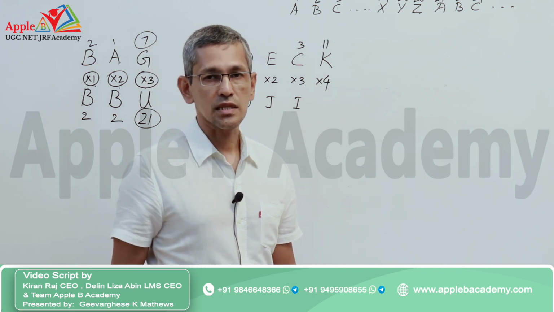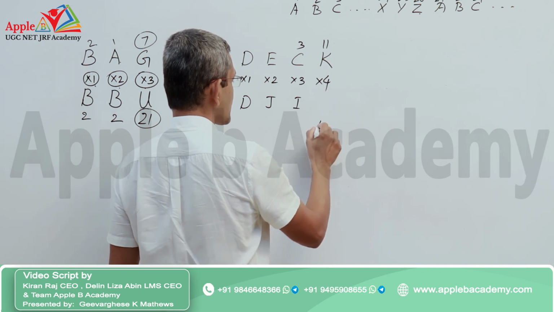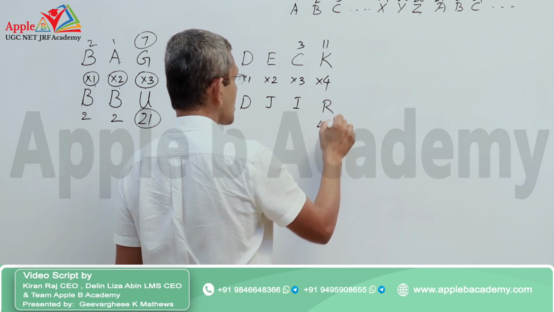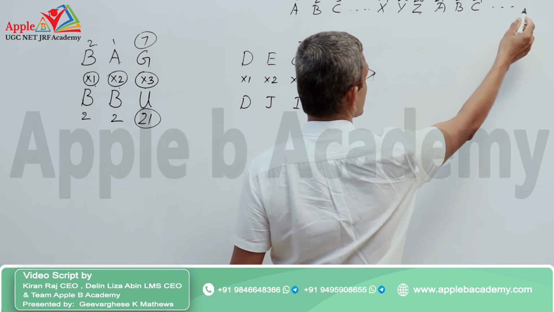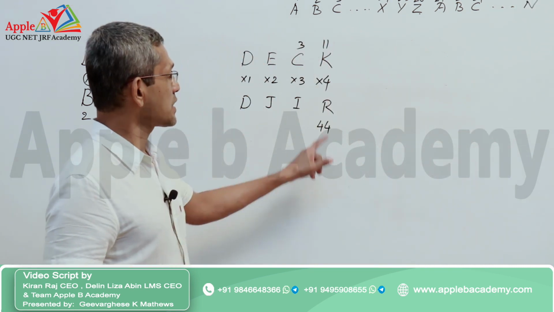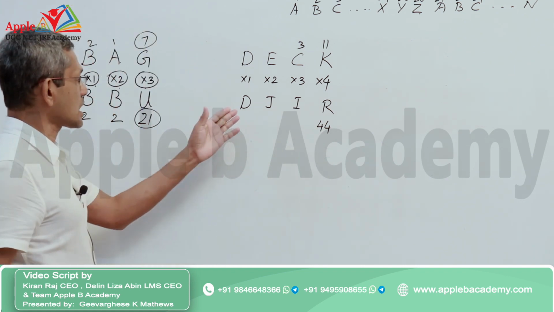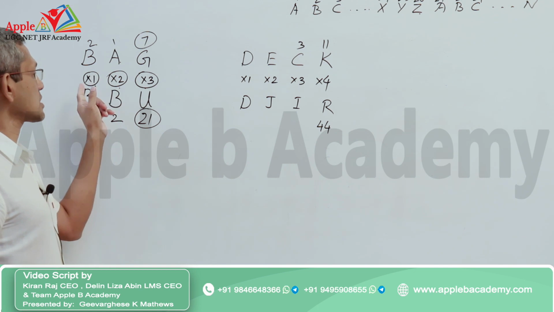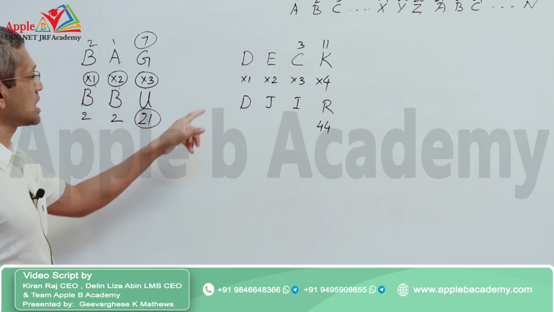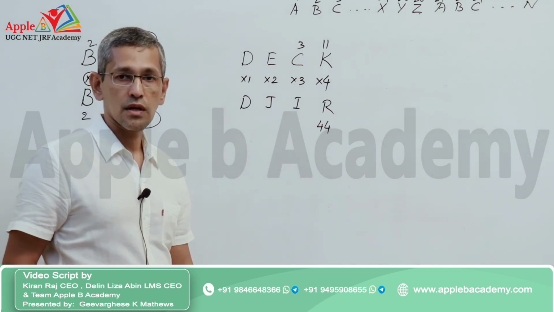So the 18th letter. 44th letter is R. If you continue this pattern, N is the 40th letter, then the 44th letter must be R. So if bag is coded with the into 1, into 2, into 3 pattern, then deck must be into 1, into 2, into 3, into 4.